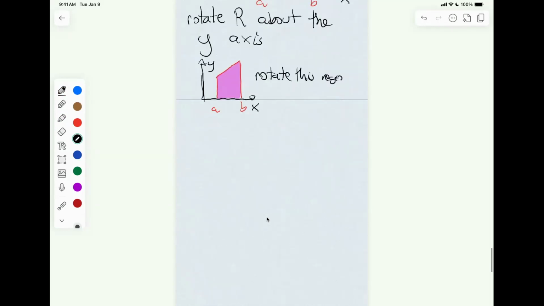Here you are. So once you rotate the region, as you can see, it's not an ideal picture of what's going on, because it's a bit hard to draw.